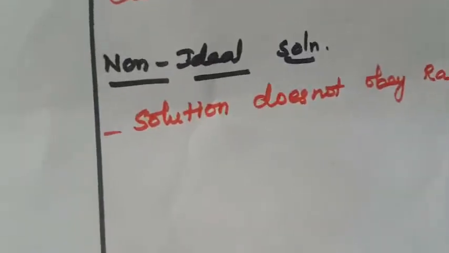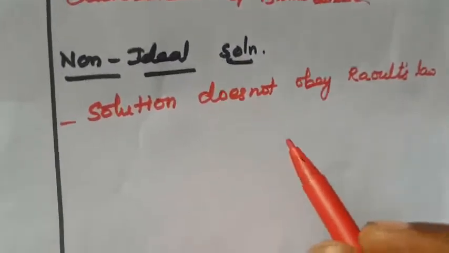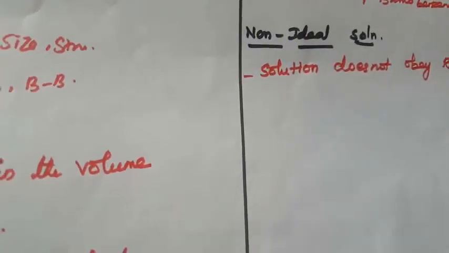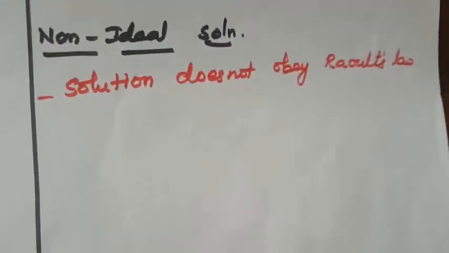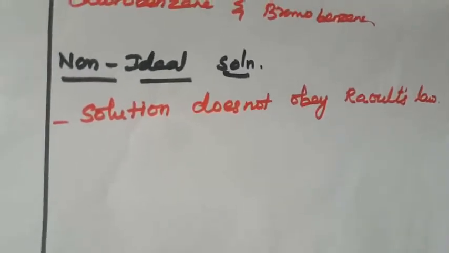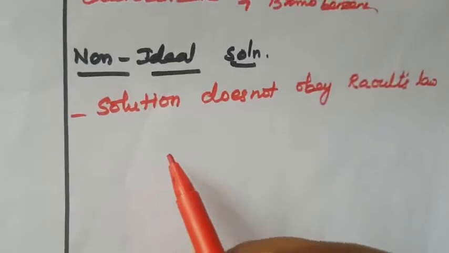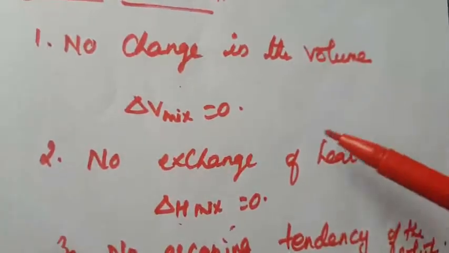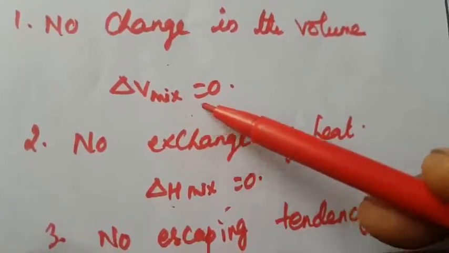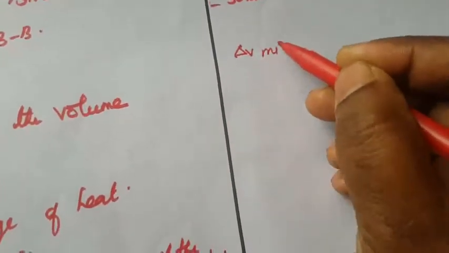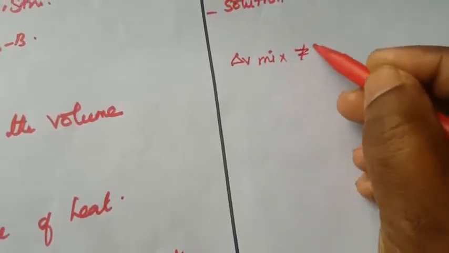For a non-ideal solution, there is a change in the volume. It is the complete opposite of the ideal solution. For an ideal solution, there is no change in volume, that is delta V mix equal to 0, but here the change in volume is not equal to 0.